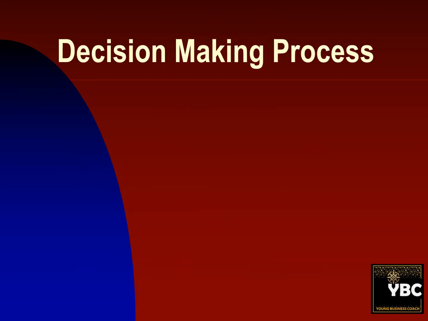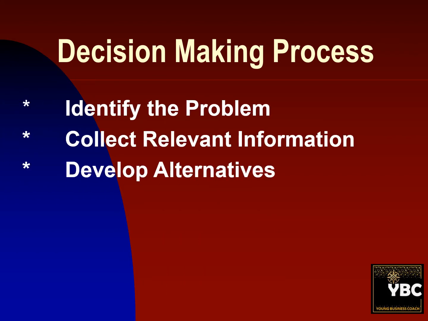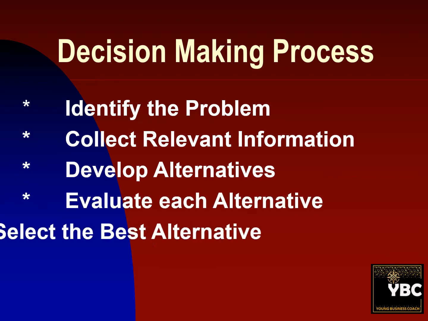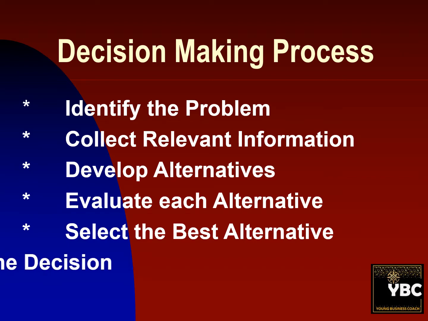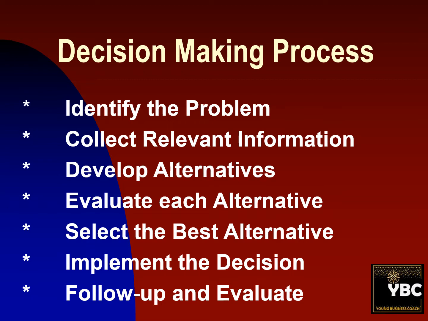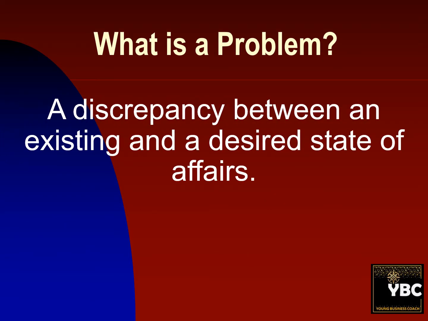Now, decision making process: identify the problem, collect relevant information, develop alternatives, evaluate each alternative, select the best alternative, implement the decision, follow up and evaluate. What is the problem? A discrepancy between an existing and a desired state of affairs.